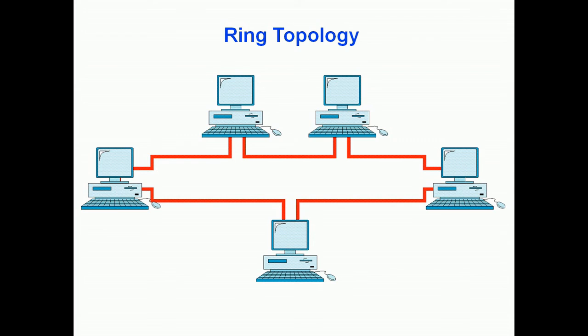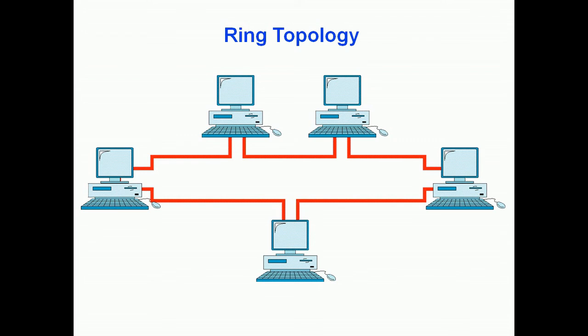How is the data transferred in this network? If any computer wishes to communicate, that device holds the token. Token is an electronic signal, and in that token it appends the data. There is the address of sender and receiver, and that token is sent along the ring and circulates around the ring.